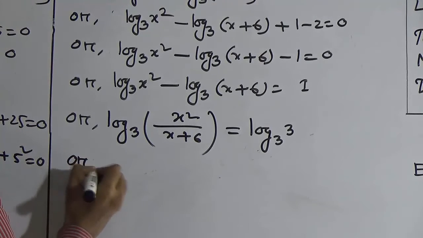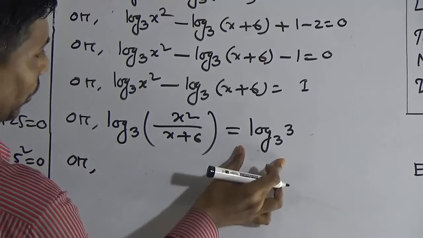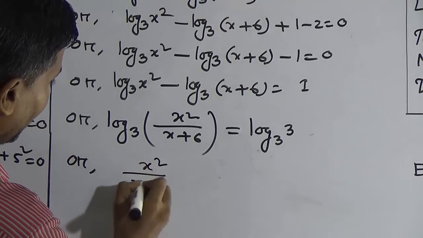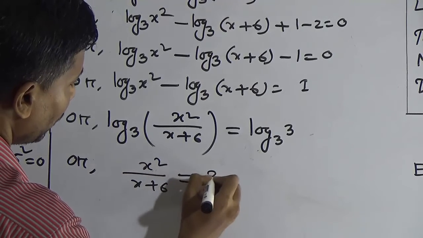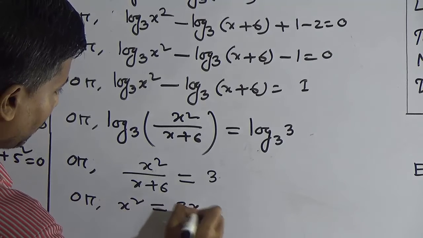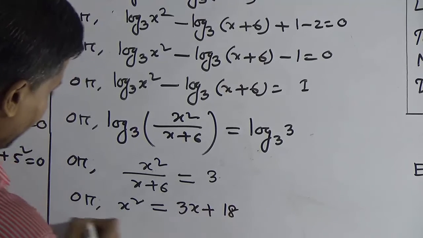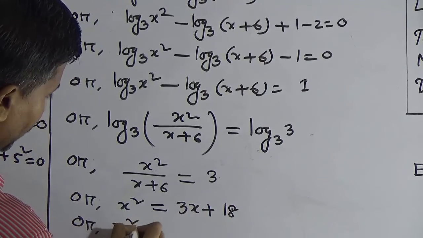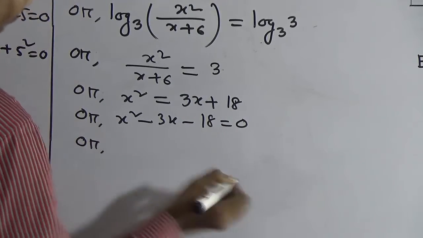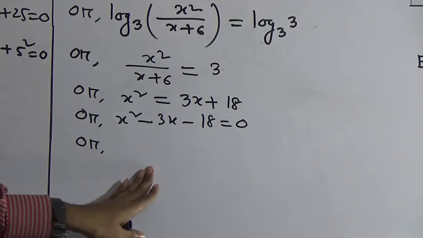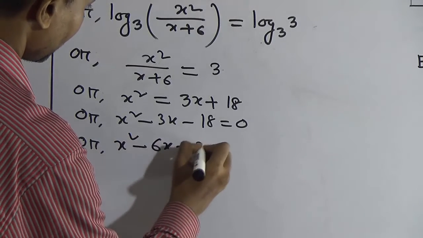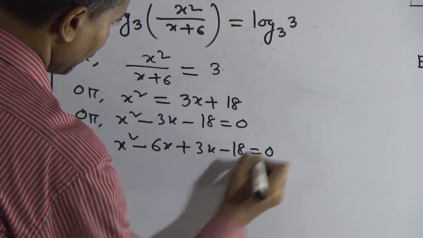Here log 3 and log 3 will vanish. Then we get x square by (x plus 6) equal to 3, or x square equal to 3x plus 18, or x square minus 3x minus 18 equal to 0. Now use the middle breakup method: x square minus 6x plus 3x minus 18 equal to 0.